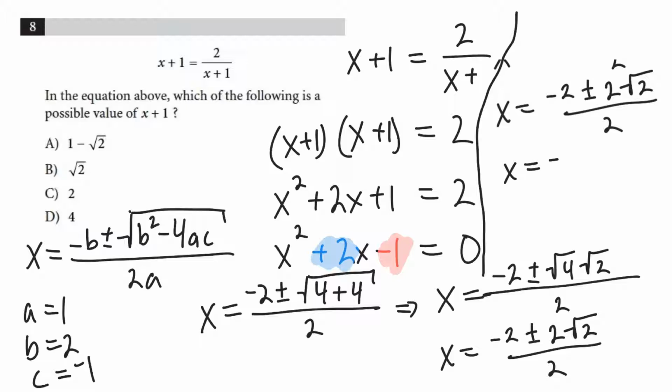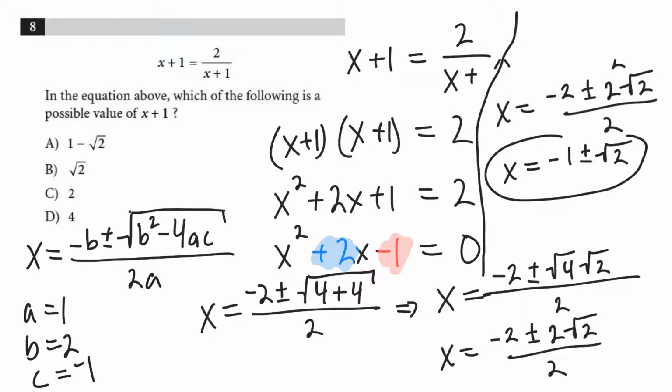Alright, so if we have x plus 1, right? We would be adding 1 to this. Let's see, so we've got, oh, made a mistake. That would be negative 1 plus or minus the square root of 2.